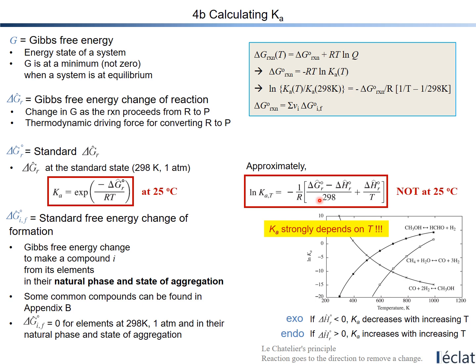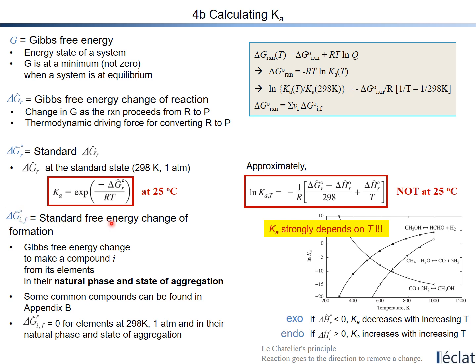Then one more thing. How can we obtain the standard state value of the Gibbs free energy of reaction and also the enthalpy? Each one can be calculated from the standard free energy change of formation or standard enthalpy of formation. What is the formation energy?